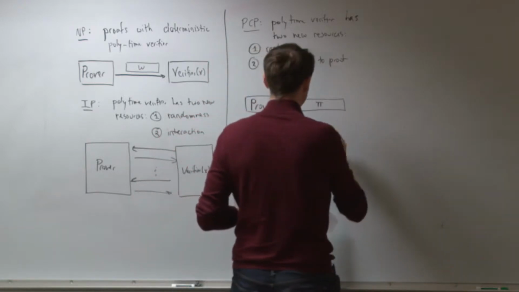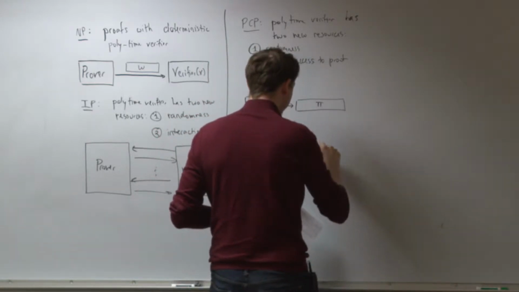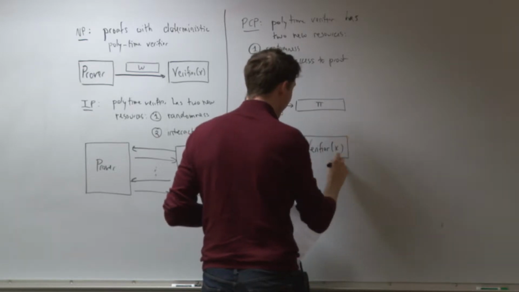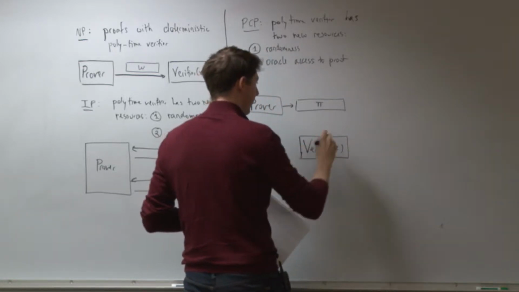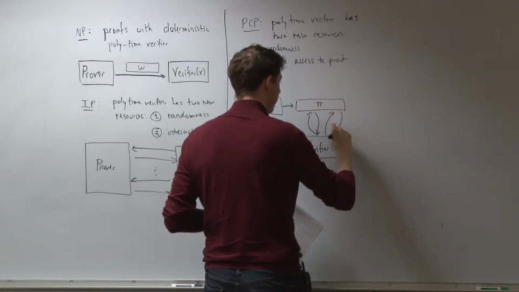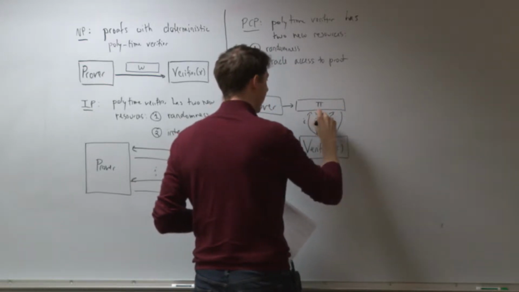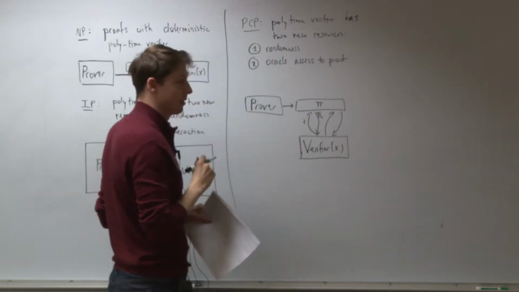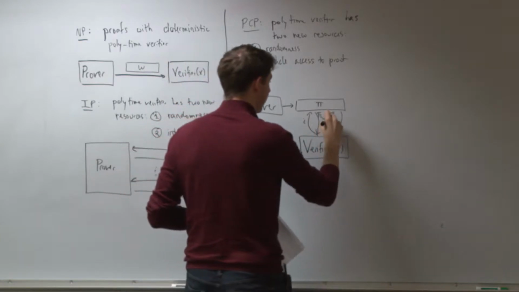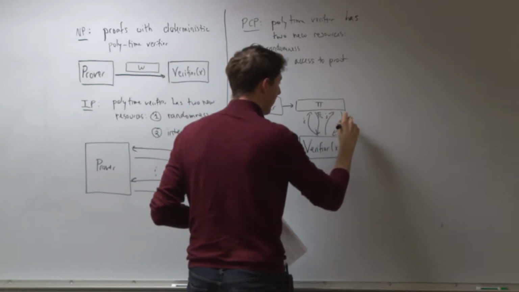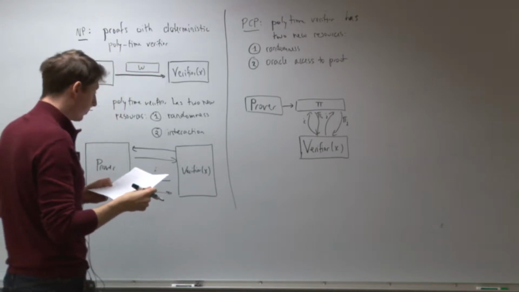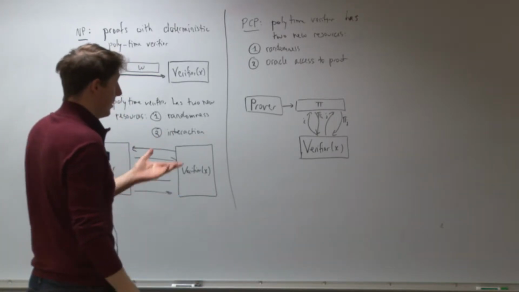And now the verifier, rather than receiving it and reading it front to back, is allowed to make random access queries. It says, here's a position i, please give me back the ith symbol. If we're over bits, this would be the ith bit. It says, here's another position j, please give me back pi j. And that's maybe a reasonable model.